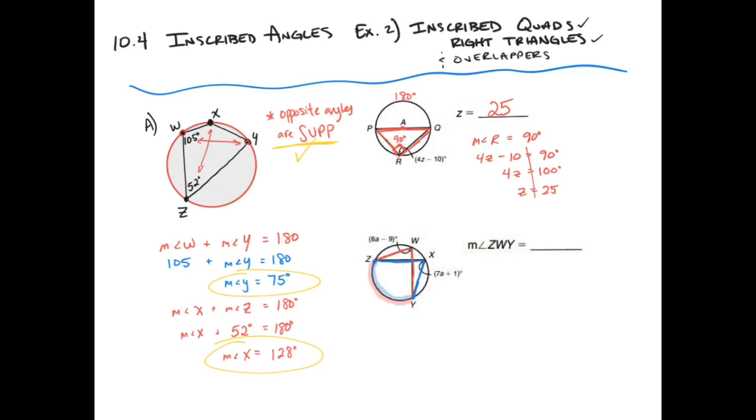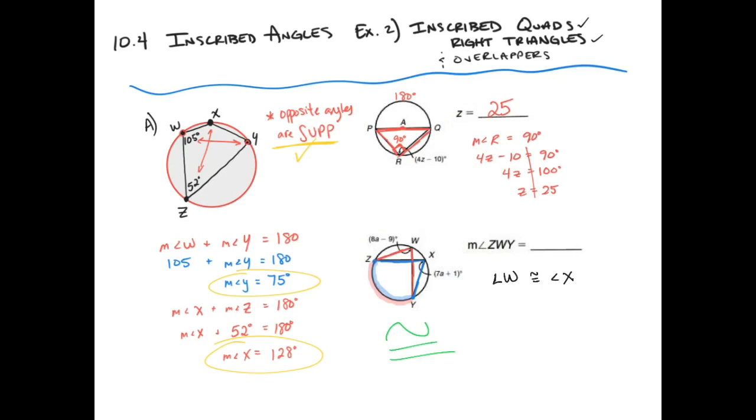So they both have the same arc, which means that those two inscribed angles are going to be congruent to each other. So angle W is congruent to angle X, which means their measures are equal.